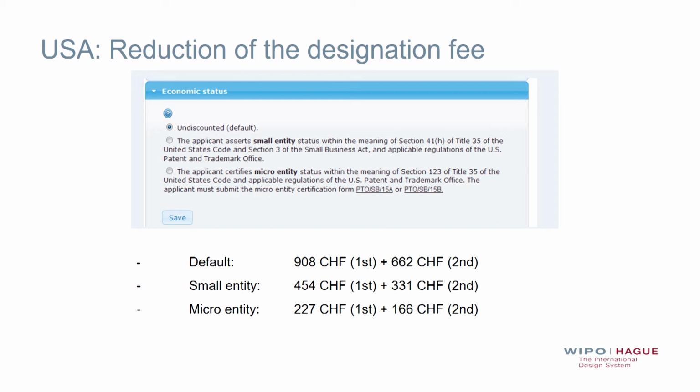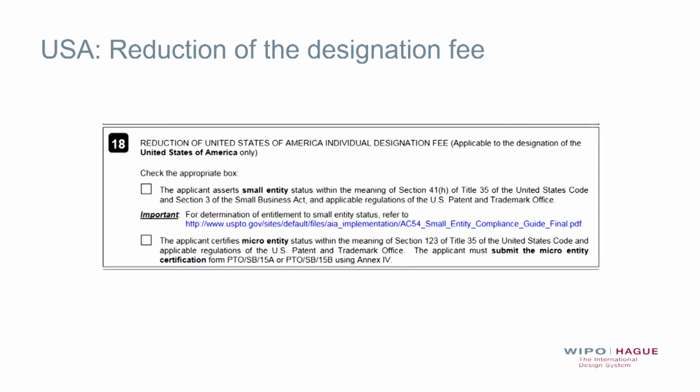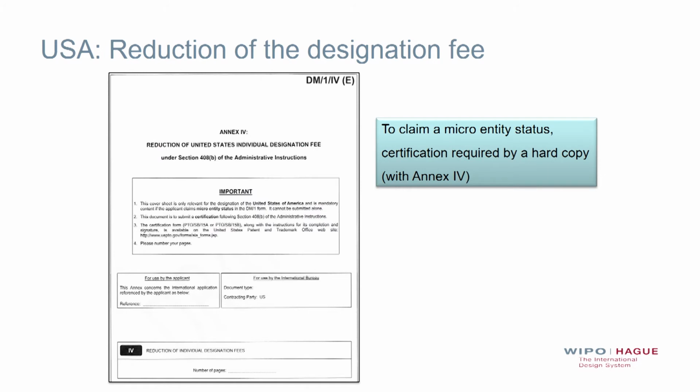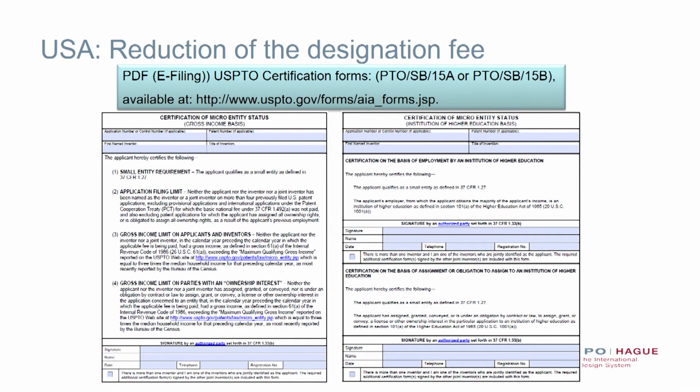To get such a reduction, the applicant must indicate it in the DM/1 form in box 18, then fill in Annex 4, which is attached to the DM/1 form, and moreover, fill in the certificates of the economic status of your company.